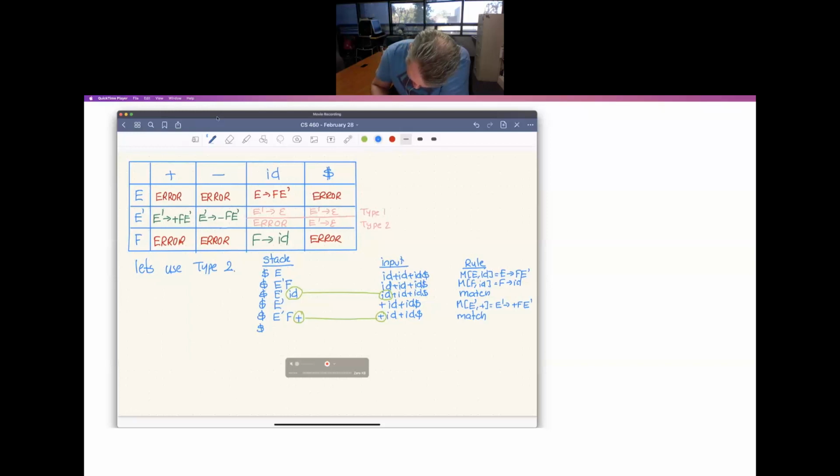So we get dollar E prime F ID plus ID dollar. What's M of F on an ID? Well, it's probably F goes to ID. So we get dollar E prime ID plus ID dollar. That and that is a match.